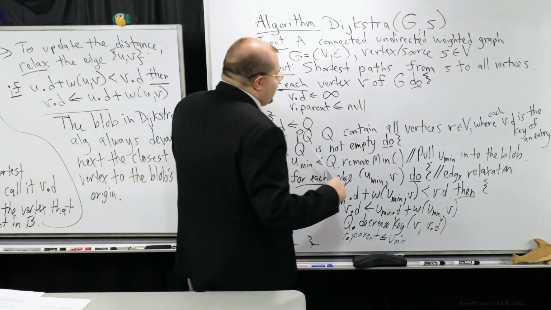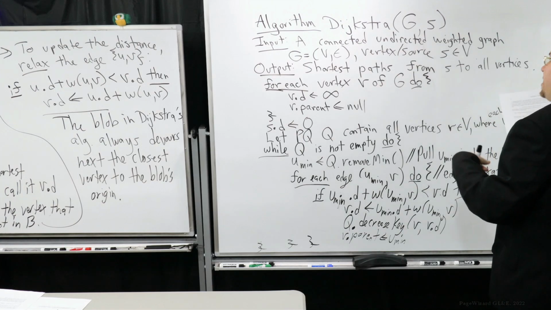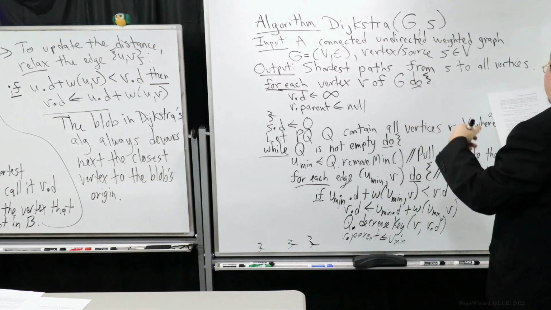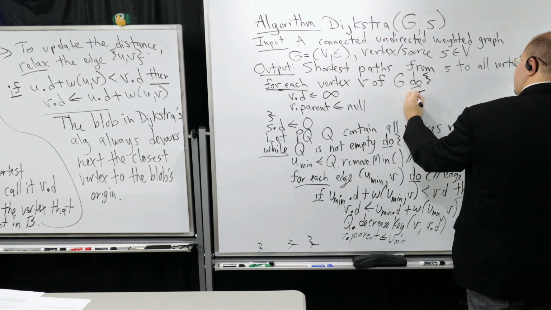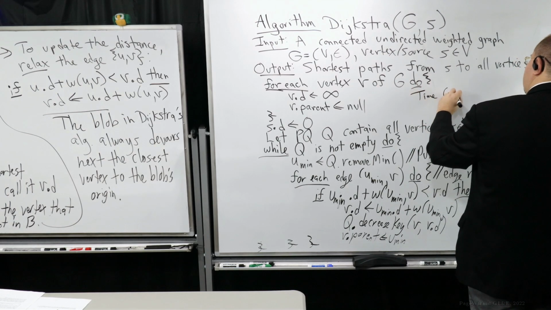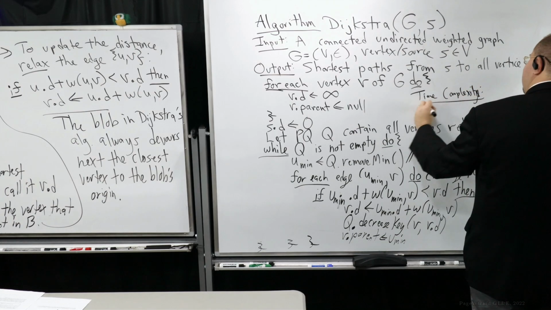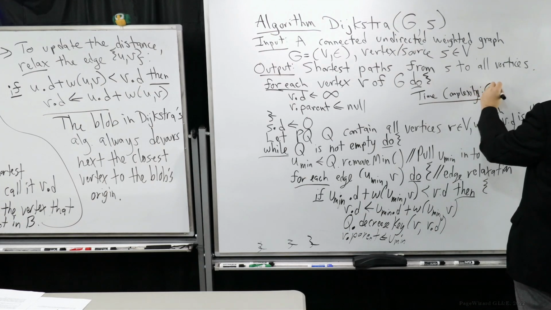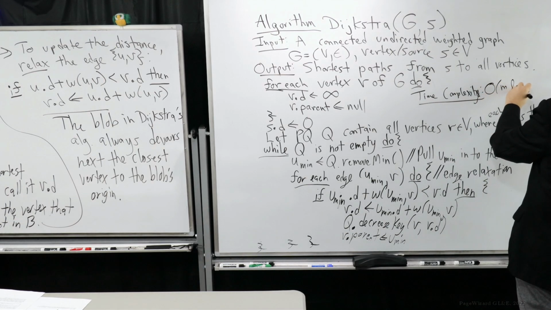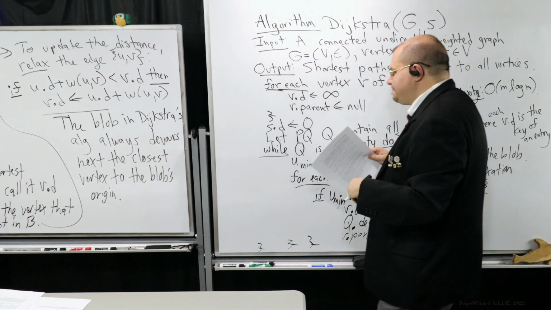So just to be clear, we established earlier that if I use an adjacency list and a binary heap, we could show that this algorithm runs in big O of m log n, as G is connected.